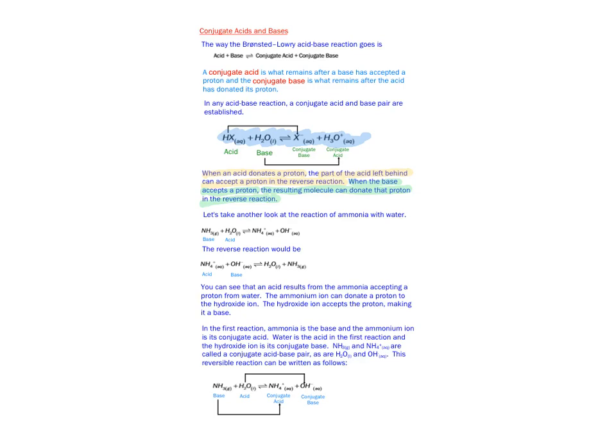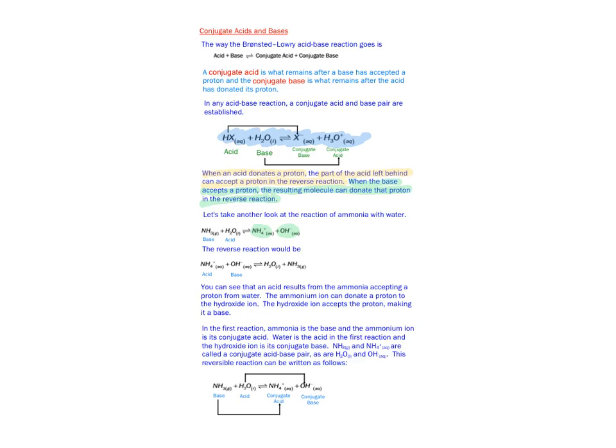So let's take another look at that reaction we looked at earlier when we react ammonia with water. Ammonia and water combine to give us the ammonium ion and the hydroxide ion. If we went in reverse, it would be the exact same thing, but the products would become reactants, and the reactants would become products.